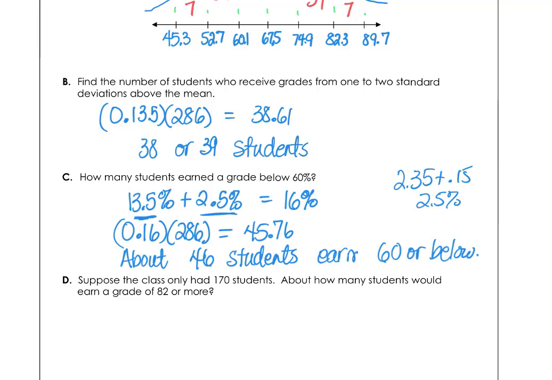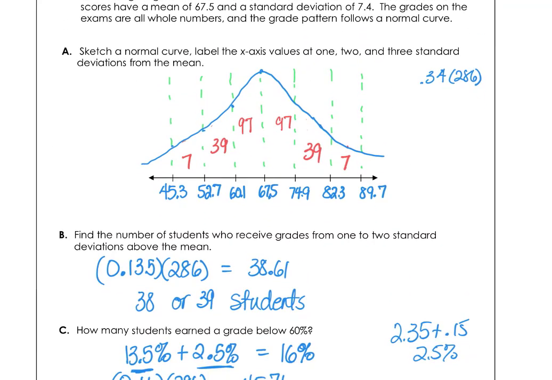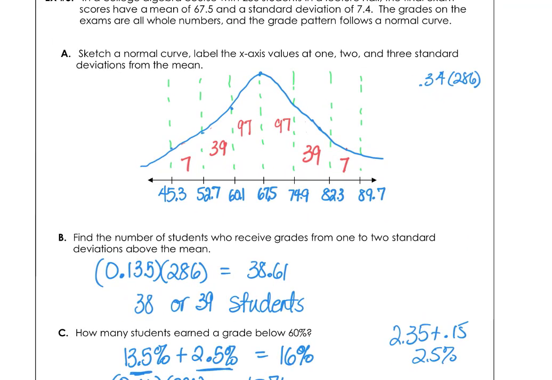So part D, suppose the class only had 170 students. About how many students would earn a grade of 82 or more? So again, looking at our chart, we're going to find that for 82 or more, some data would fall within here, some would be in here, and some would be in here.